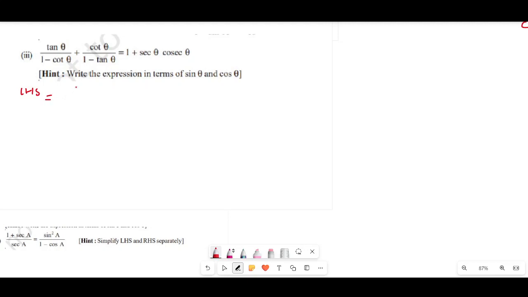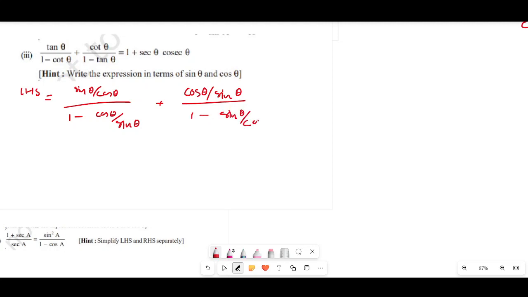Now we can write sine theta upon cos theta, upon 1 minus cos theta upon sine theta, plus cos theta upon sin theta, upon 1 minus sin theta upon cos theta.